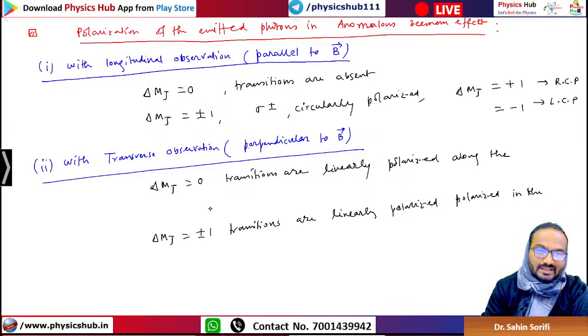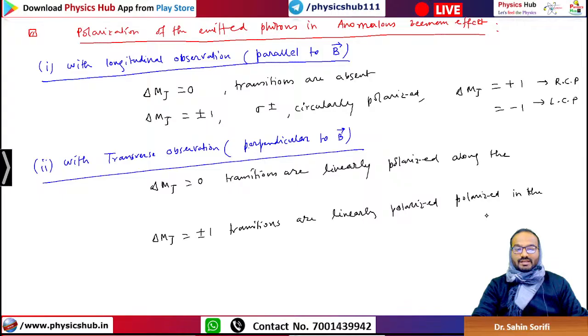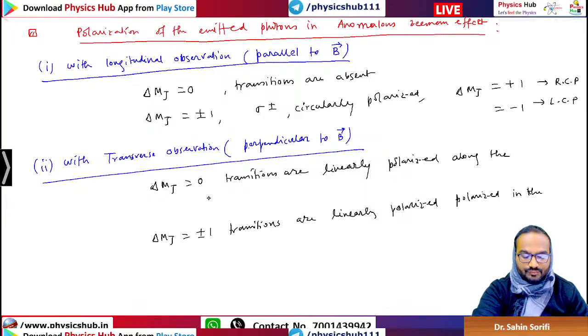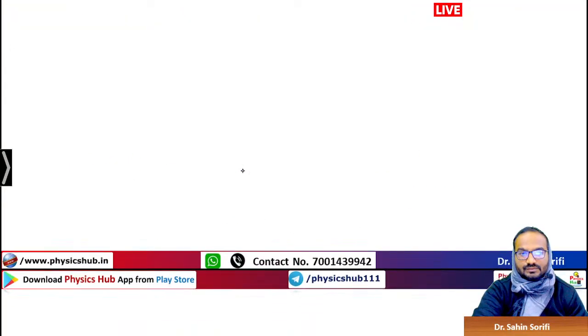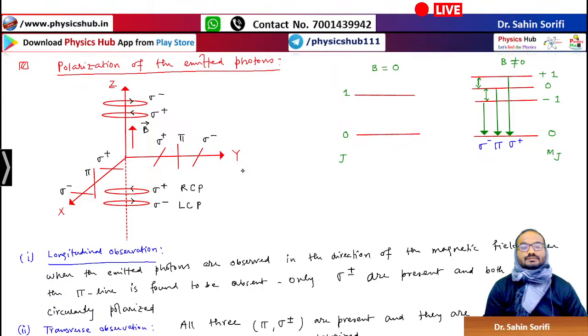Yeah, that is the pi component, but I am talking about the direction. X or y, which one? Delta mj 0 is a pi component. You forgot the figure. Look at the figure which I have given you. X or y, you can say xy plane.